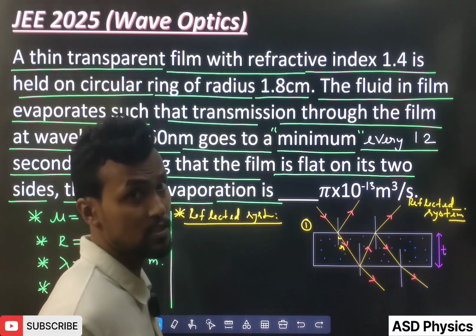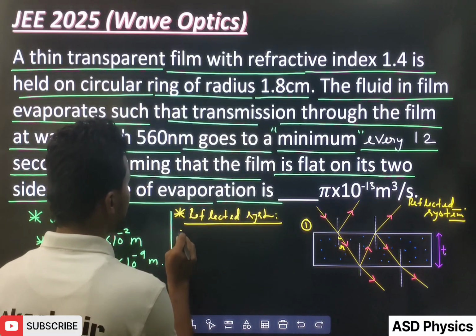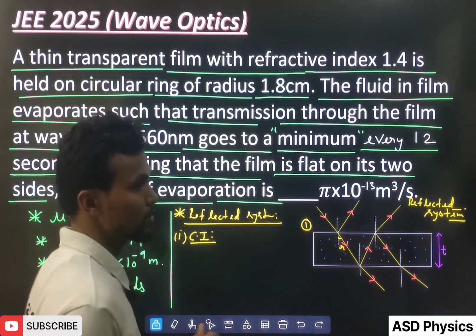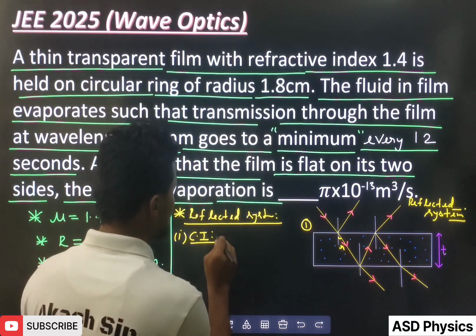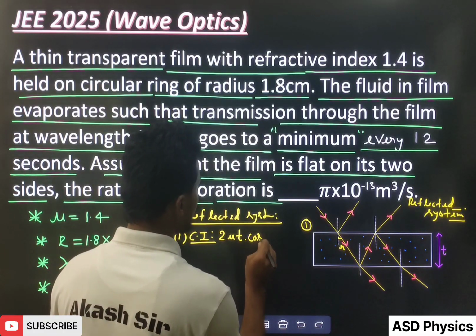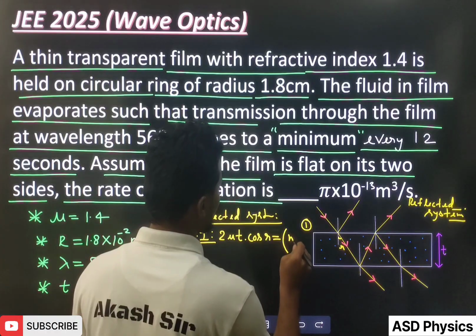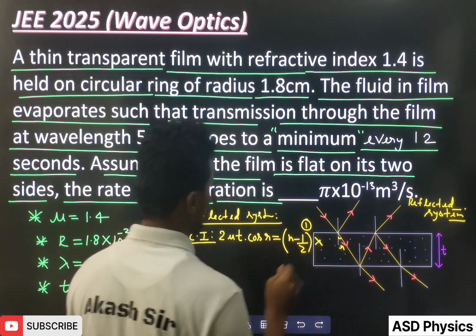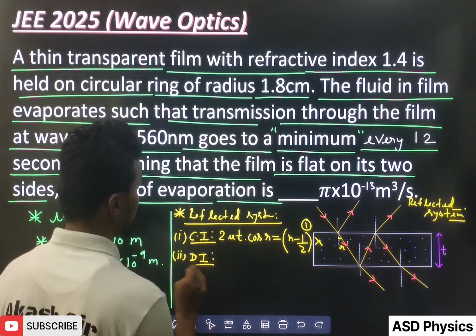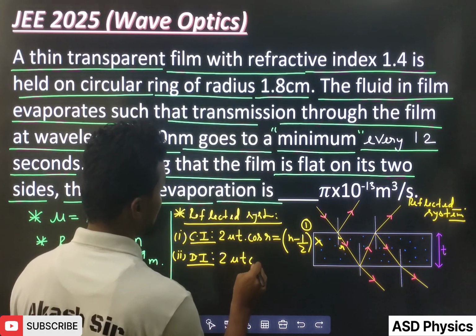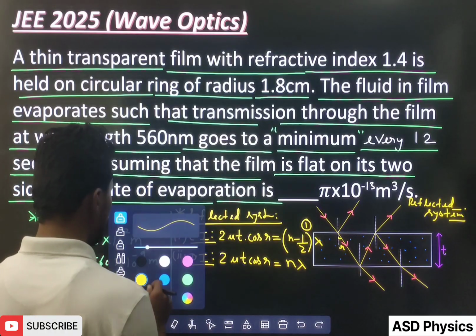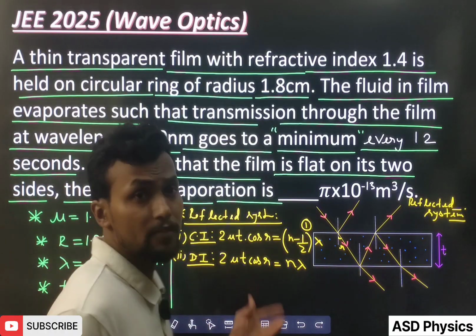For the reflected system, for constructive interference or maximum, the value 2 mu t cos r should be equal to (n minus half) lambda. And for destructive interference, that means minima, 2 mu t cos r will be n lambda. This is applicable for the reflected system.